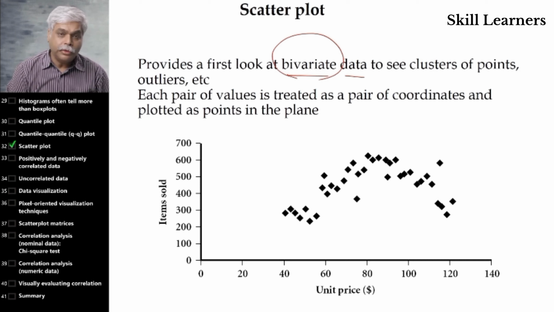Each pair of values can be treated as a coordinate in a plot if there are just 2 of them. Here, for example, we're looking at unit price and items sold. And we see this particular graphic or pattern that emerges. And a business might be interested in knowing, what does that tell me about my prices?